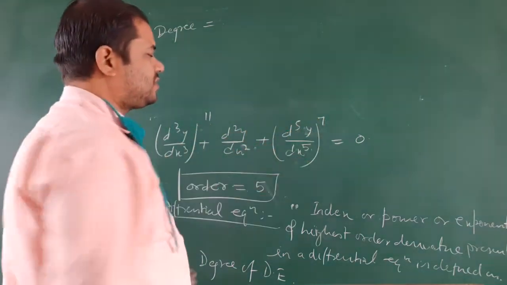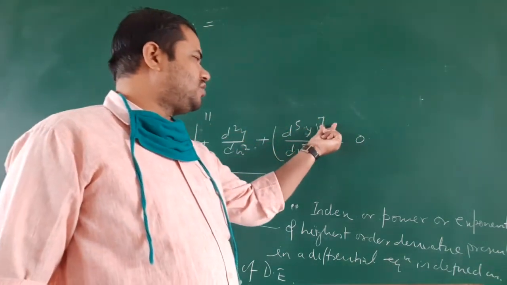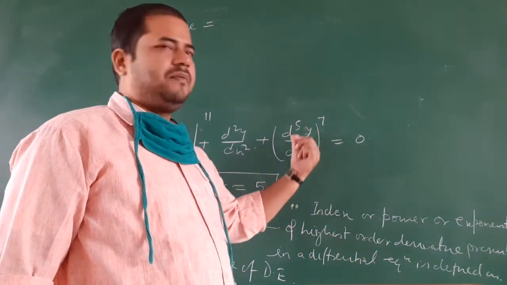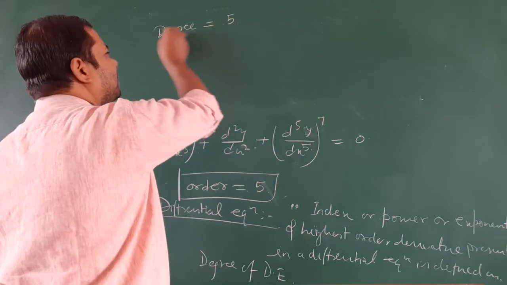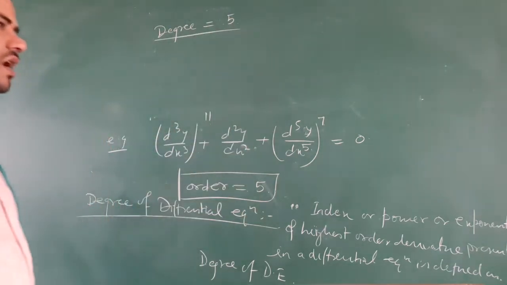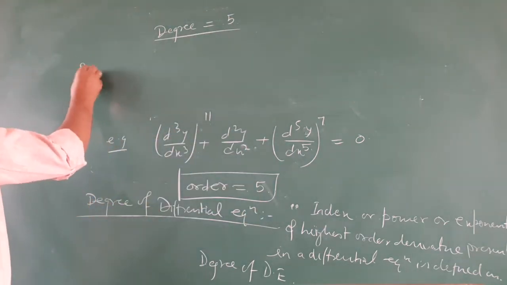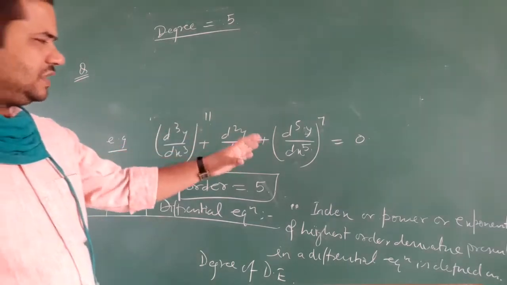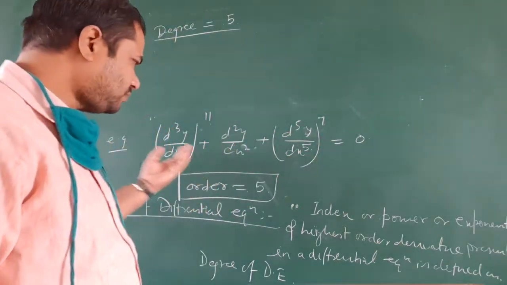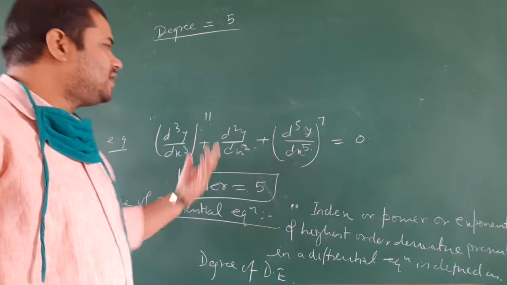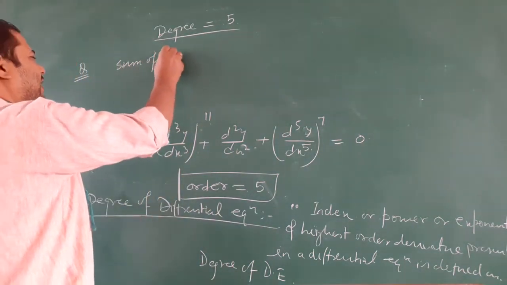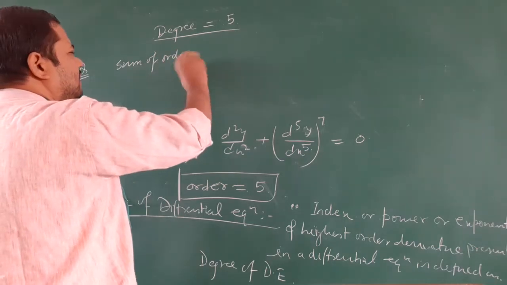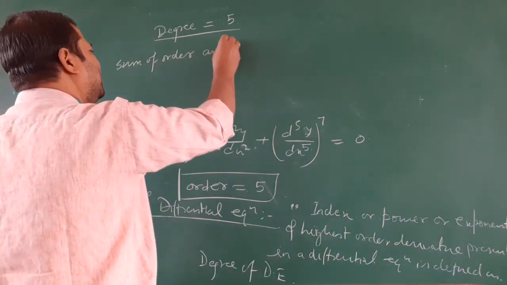Why? Because we find the index or power of the highest order derivative. The order is nothing but 5. Sometimes a question is asked in the board exam, like in this particular example: what is the sum of order and degree?